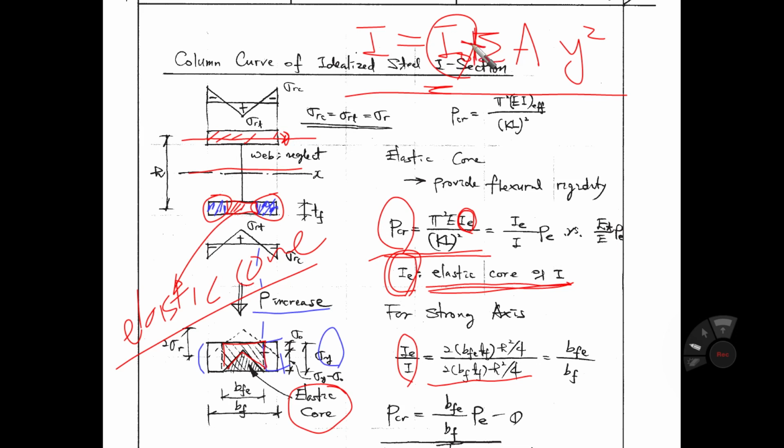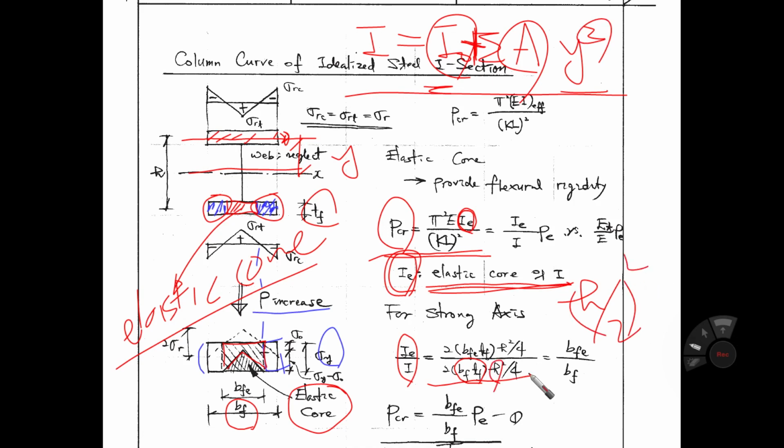Plus area times y square. What is this area? This is BF and thickness TF. BF TF. And then we have to move this y. Okay? This y equals h over 2, right? Approximately h over 2 square. So h square over 4. 1, 2. So this 2. We can write in this form.